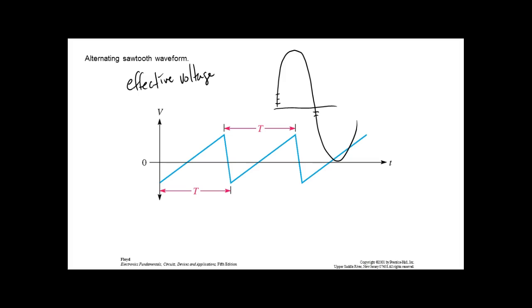Y'all understand that? So they had to come up with a method to calculate this effective voltage. So anytime we square a number, you drop the sign. So one of the methods they chose was to square all these voltages. If you square a positive voltage, it gives you a positive. If you square a negative number, it gives you a positive.